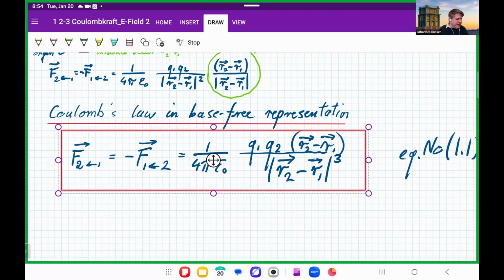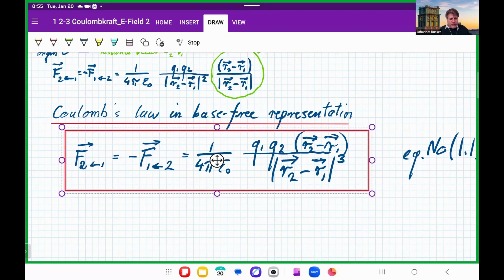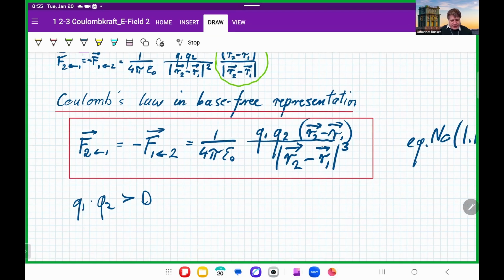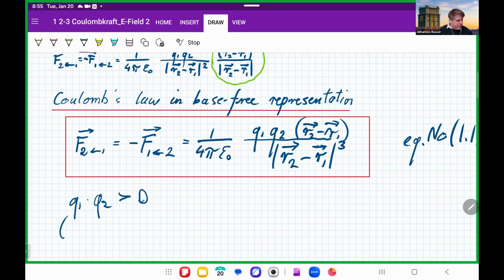So we have two scenarios. The one scenario is that Q1 times Q2, if you take the product, is larger than 0. And of course, that means both of them are either positive or both are negative.